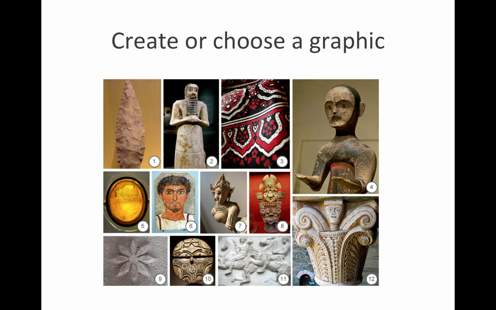The first step is going to be creating or choosing a graphic. My graphic is composed of elements from the different module pages in my course. And then I actually added these little buttons down here, these little labels. You certainly don't have to build something out that looks like this.